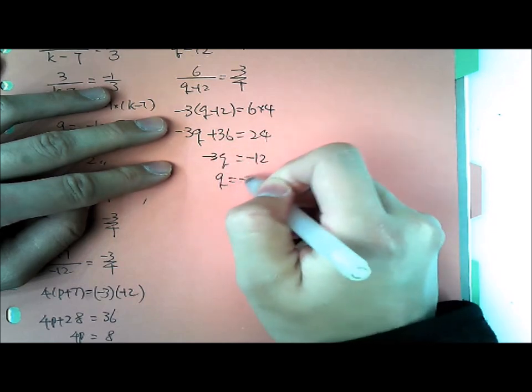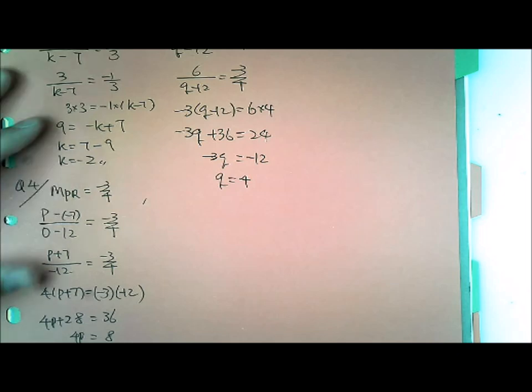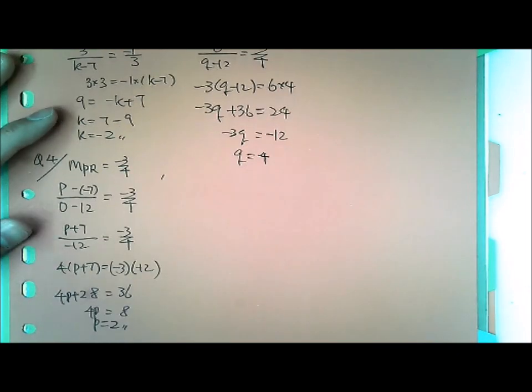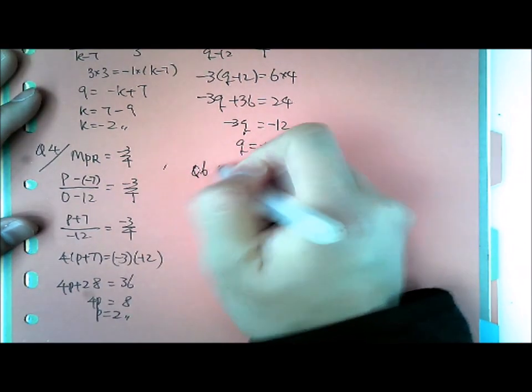So the Q should be positive 4. This is actually not difficult. Understand? So go to question 6.